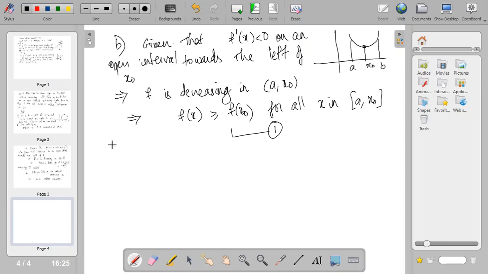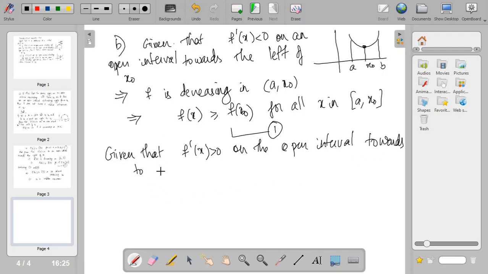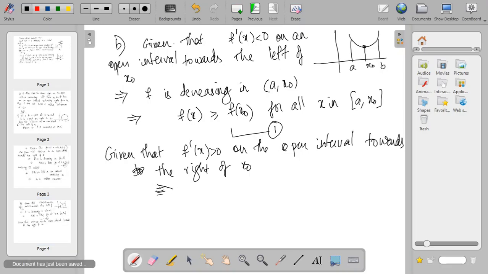And similarly you are given that f dash of x is greater than 0 on the open interval towards the right of x naught. So that implies f of x is increasing in the open interval x naught to b.